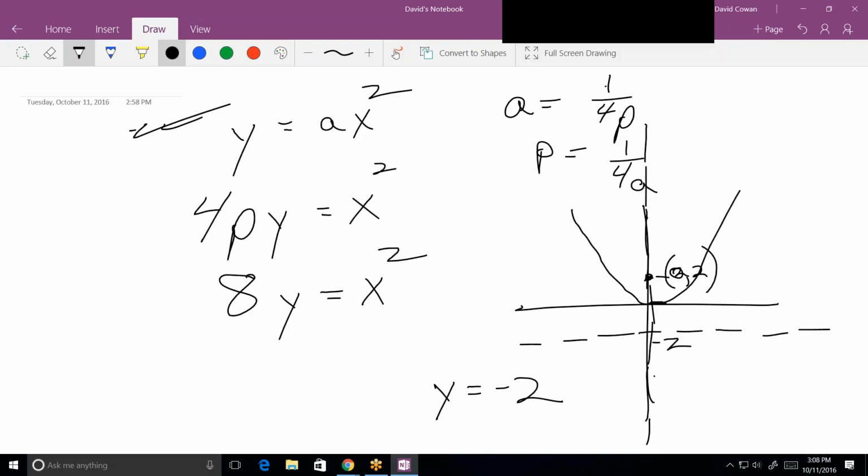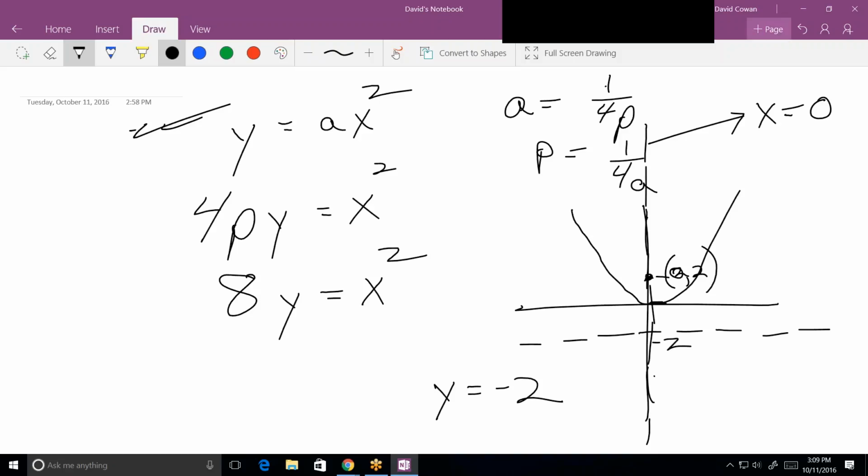What's the equation of that line, of the axis of symmetry? x equals 0. Again, it's an equation of a line. Whenever you have vertical lines, it's x equals some number. When you have horizontal lines, it's y equals some number.